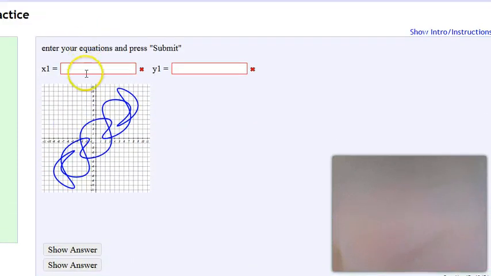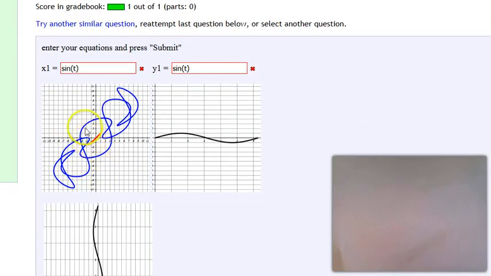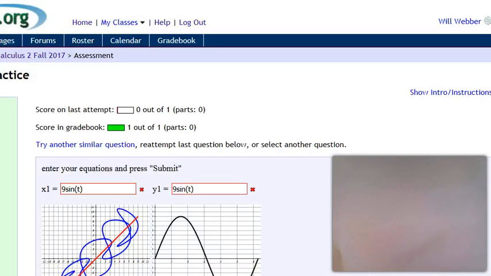There we go. Let's try it again here. Sine t. All right, submit. It gives me, oh, really small. Let's go with something like 9 and 9 here. Submit. Please let me submit. There we go.